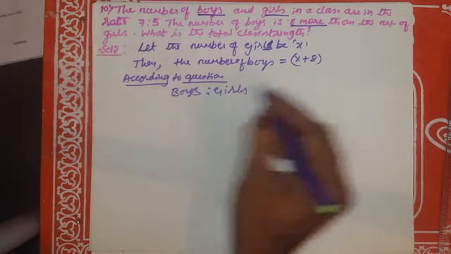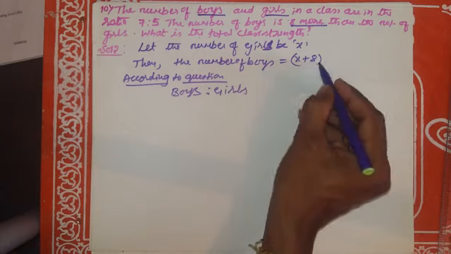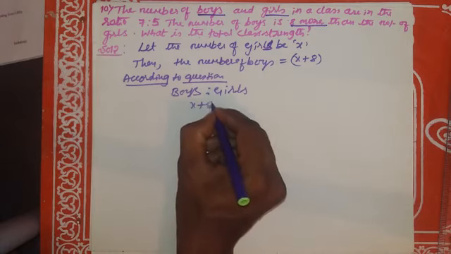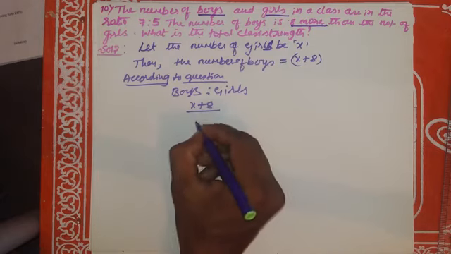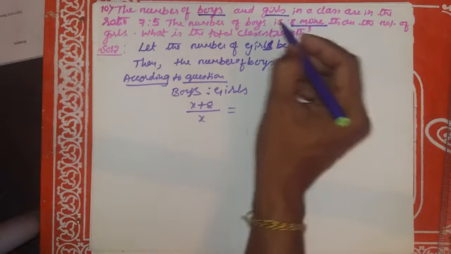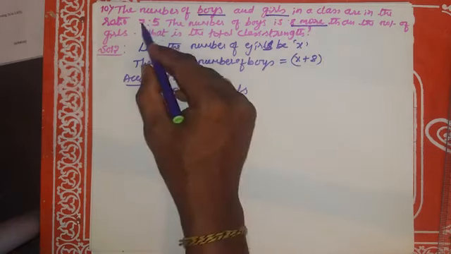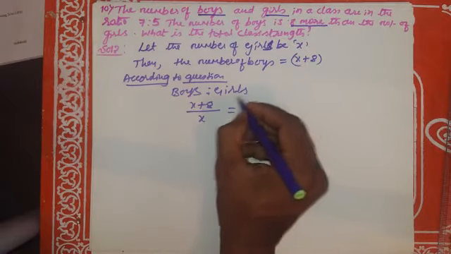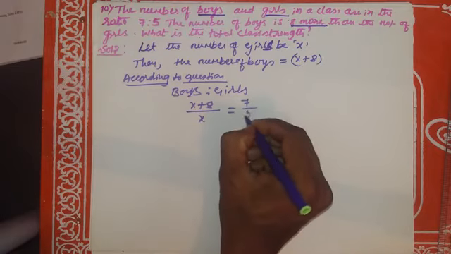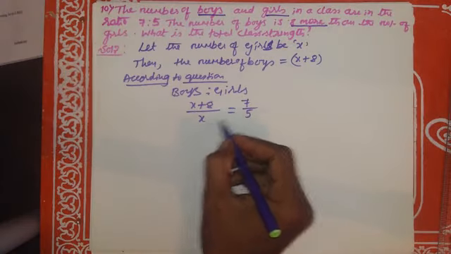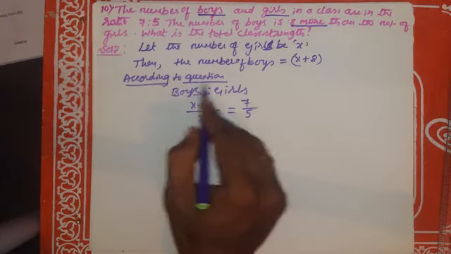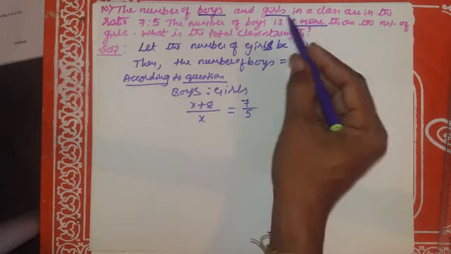So first number of boys x plus 8, write in ratio, and next number of girls is x, and they have given the ratio 7/5. x plus 8 by x is equal to 7/5, that is boys is to girls.